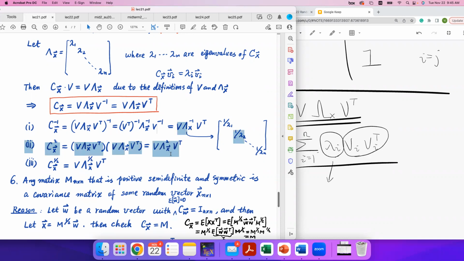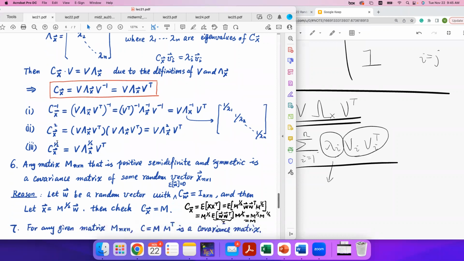If you want to take the square root of this matrix, you only need to take the square root of the middle part. And if you want to take the inverse, you only need to take the inverse of this diagonal part. So all these matrix computations can be much simplified once we perform this eigen decomposition.